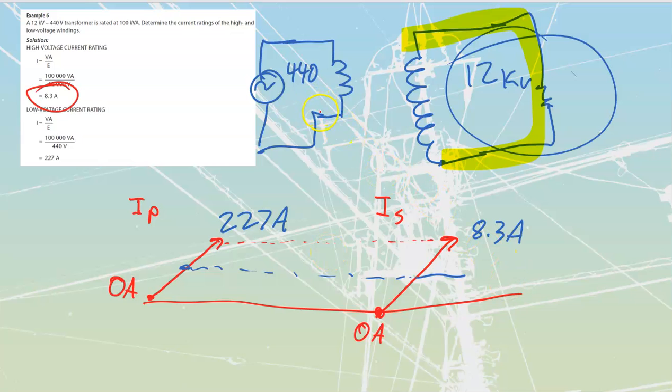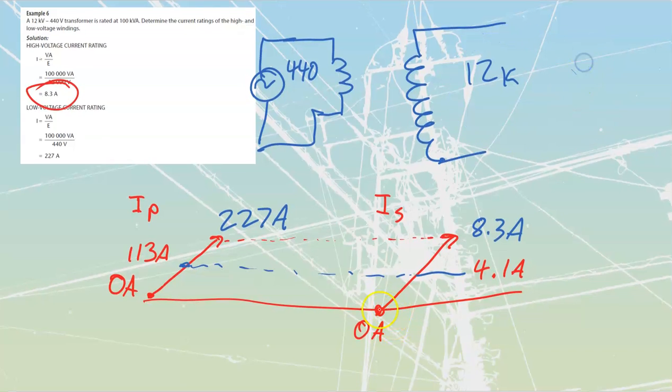In this case, we would be doing a step-up application, going from 440 on our primary up to 12 kV on our secondary. Once again, if I was halfway up on my secondary side, we'll call that 4.1 amps, I would see that I would be halfway up on my primary side, 113. If I'm all the way down on my secondary side, I've got an open at 0. I'm also going to be 0 on my primary.